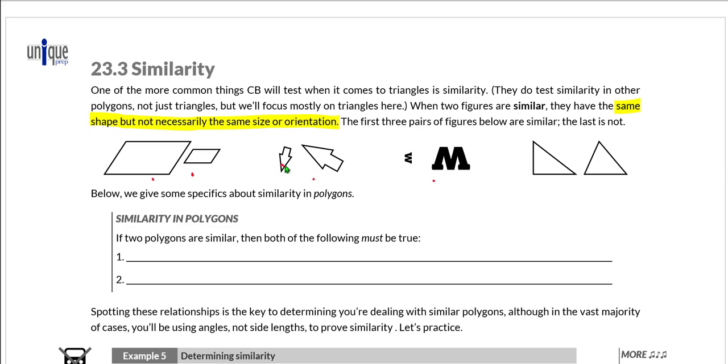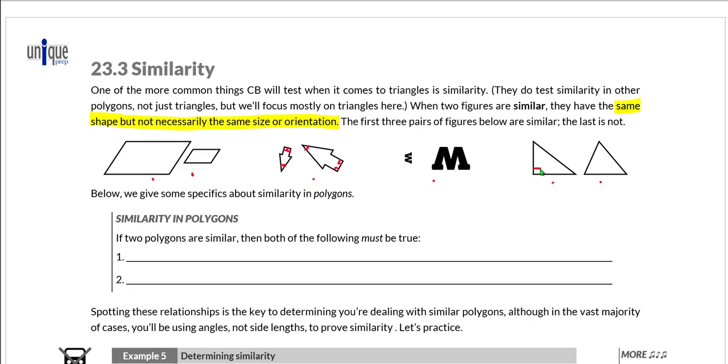You also should notice that their angles seem to be the same. This small acute angle here, this acute angle here. You've got a bunch of right angles here and here. You've got those right angles over here. These two M's or W's, if you are looking to go to the University of Wisconsin, then let's make those W's. And then over here, you've got two triangles that clearly are not the same shape.